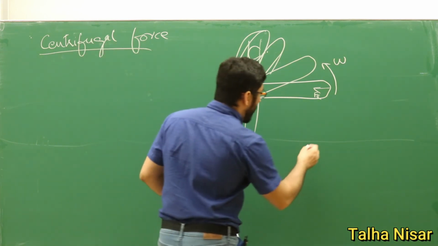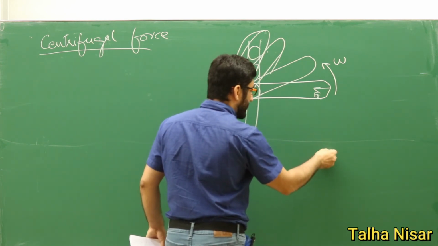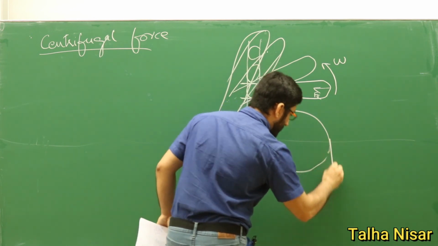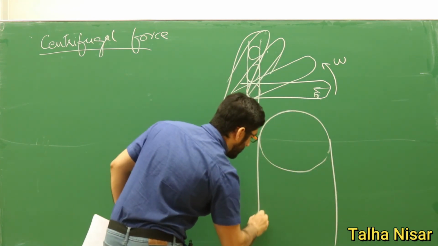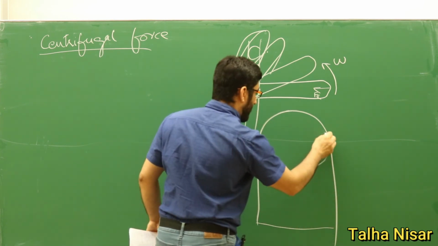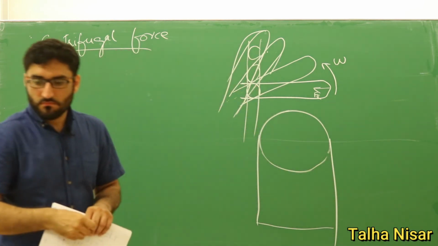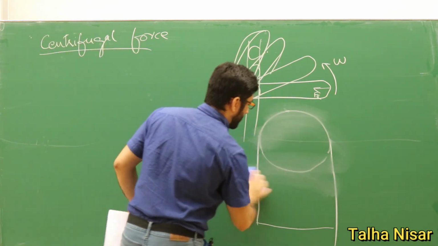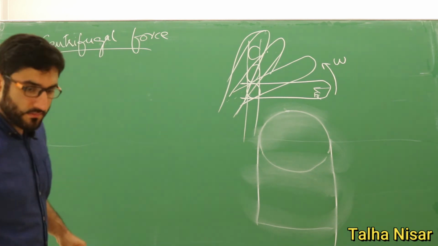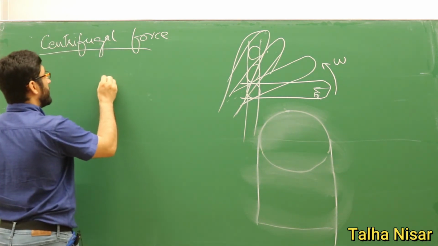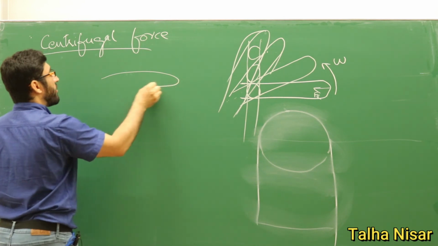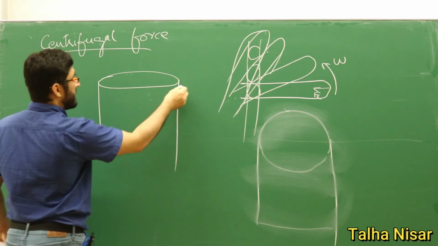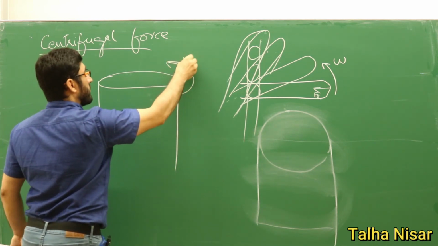So the drying machine has a drum, something like this, and it is spinning like this with omega.